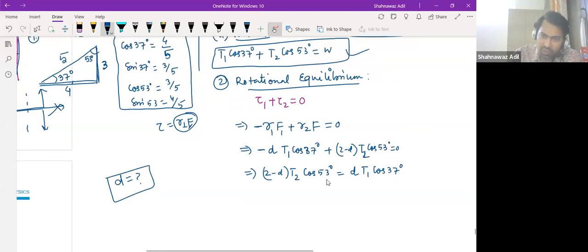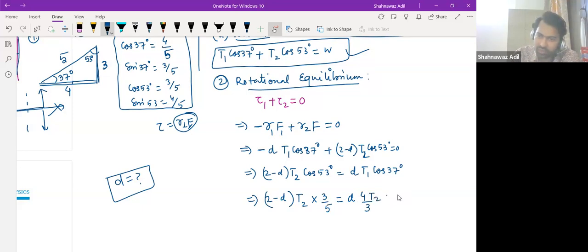So 2 minus D, T2, let us keep it this way, cos 53 is 3 by 5. And T1 is 4 by 3 T2, and cos 37 is 4 by 5. So this 5 will cancel, T2 will cancel.